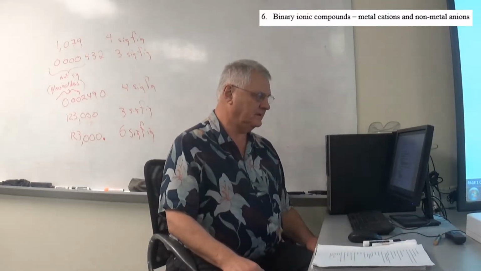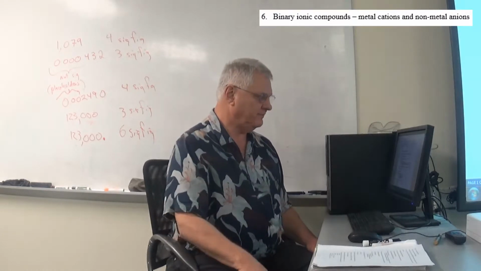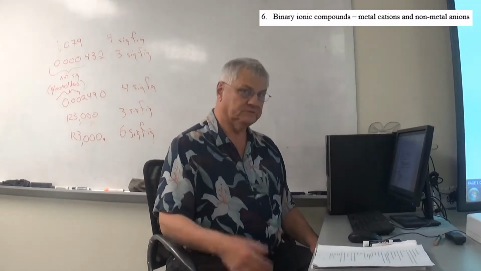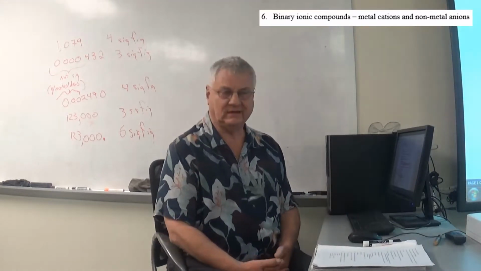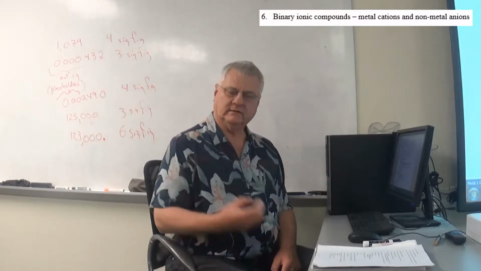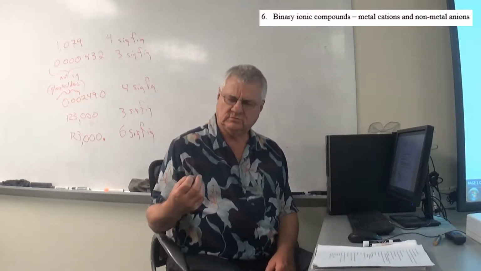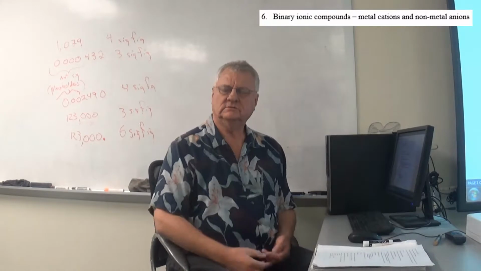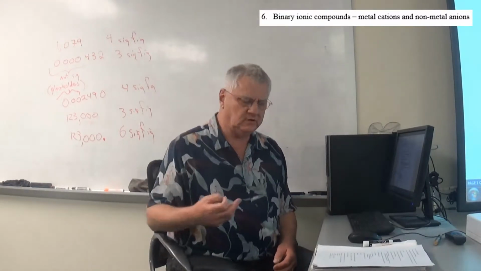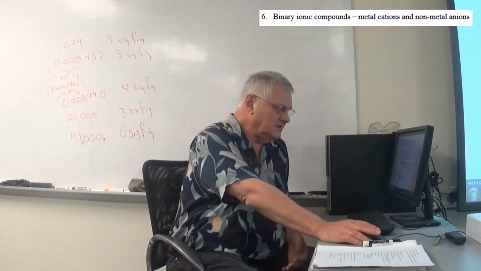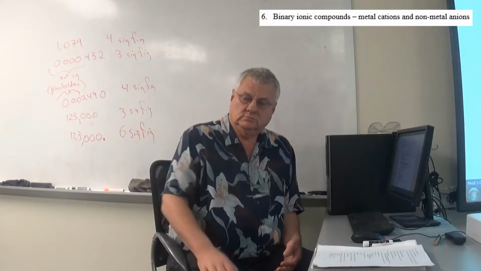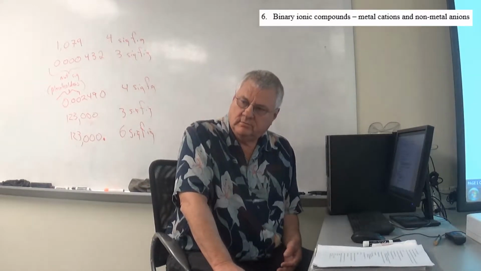Binary ionic compounds only contain two elements, and it's really based on the electronegativities we talked about. Metal elements tend to lose electrons, and when they lose negatively charged electrons, they turn into positive cations because they have more protons remaining in the nucleus than electrons in orbitals.